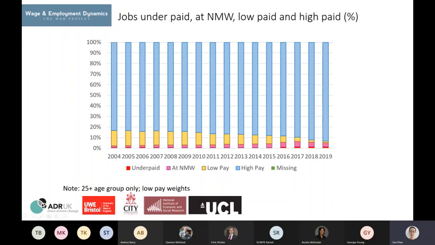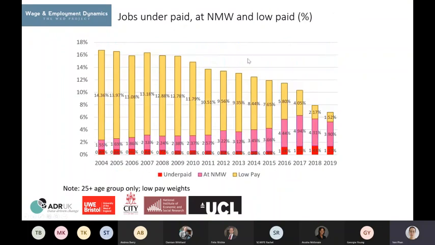Back in 2004, they constituted 15% of all jobs, but virtually disappeared by 2019. The percentage of high pay jobs rose from 33% to 93%, around a 10 percentage point change.